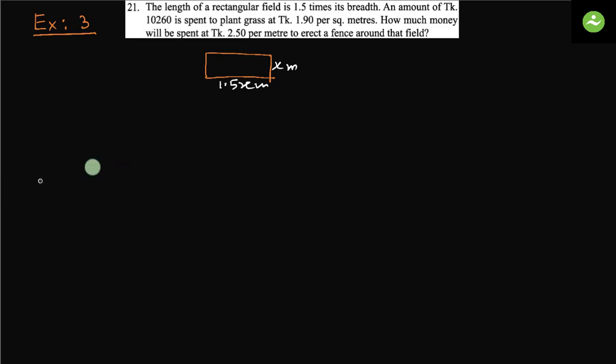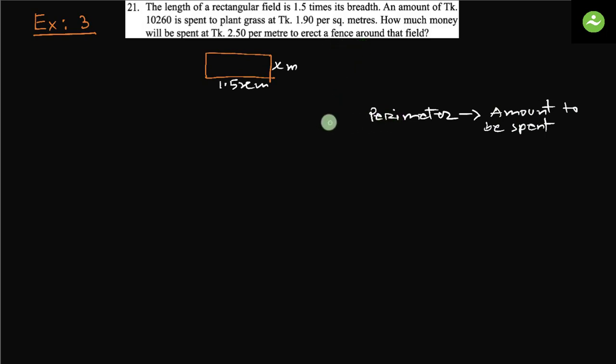If you know perimeter, you will know the amount to be spent.